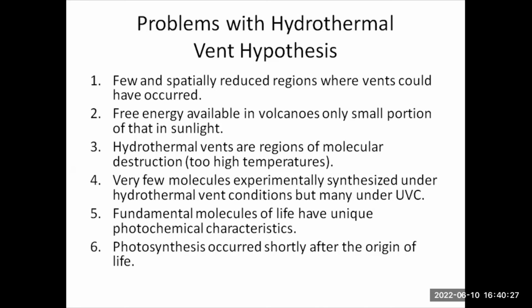And this, it turns out, arose very quickly on Earth. So it would be hard to imagine how, if life started at the bottom of the ocean where there was no light, we could all of a sudden very quickly get photosynthesis starting up. We'll talk more about that in the future slides.